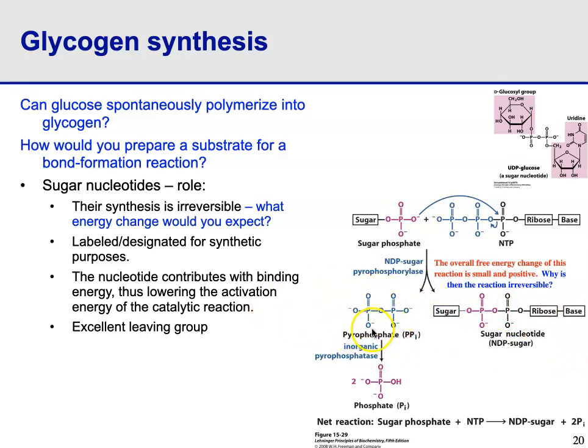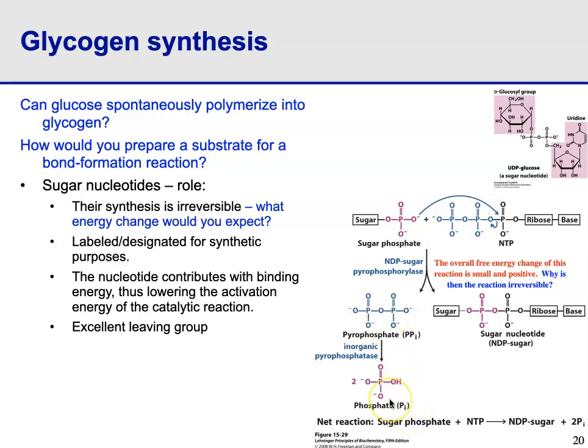Pyrophosphate is fairly unstable by itself. I shouldn't say unstable, but it doesn't really remain for a long time in this form, because inorganic pyrophosphatase quickly degrades all pyrophosphates into inorganic phosphates.